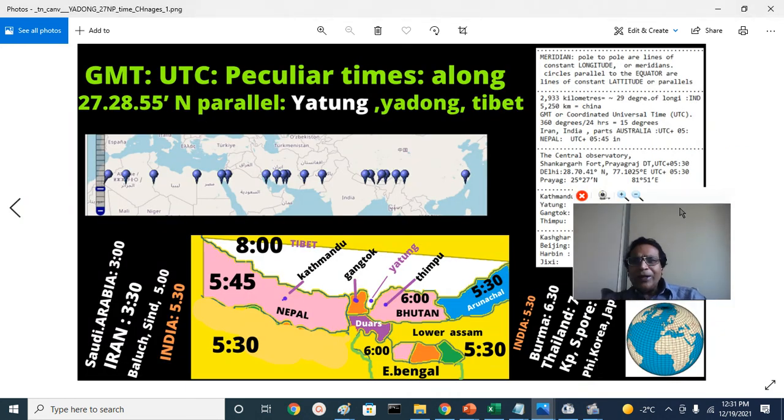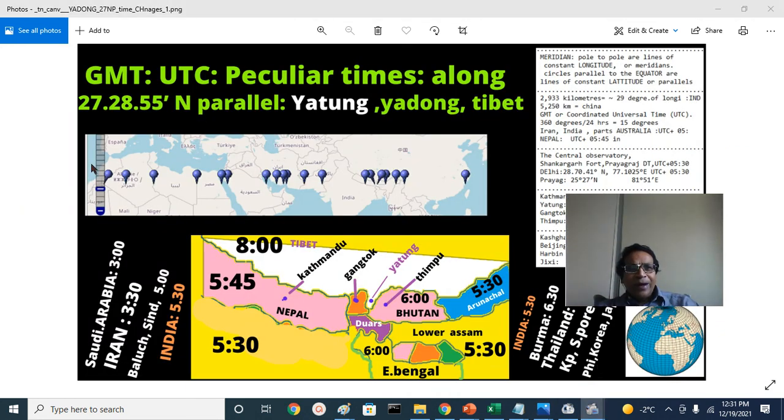In general, we essentially looked at how, as we move east along the longitude, from Greenwich towards Japan and New Zealand, the time has to increase, and it does increase. But at one particular place called Yadong district of Chumbi Valley of Tibet, the time changes drastically. You will see so many variations: 5:30, 5:45, and 8 o'clock, 6 o'clock, and again 5:30, and so on.